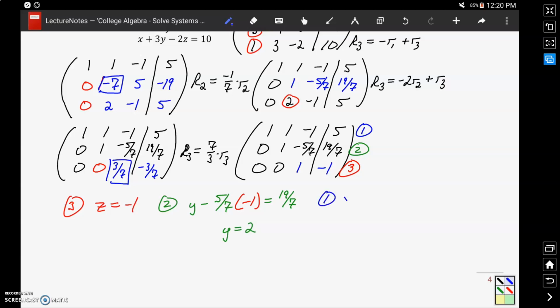And then equation 1 tells us that x plus 2 minus -1 equals 5. Solving for x will give us x equals 2. So our solution is the ordered triple 2, 2, -1.